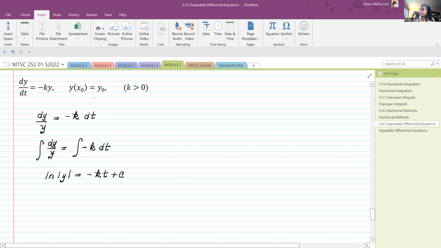Now, I know that we're looking at the amount of a material, so y is positive. So this is just the natural log of y is equal to negative kt plus a constant.